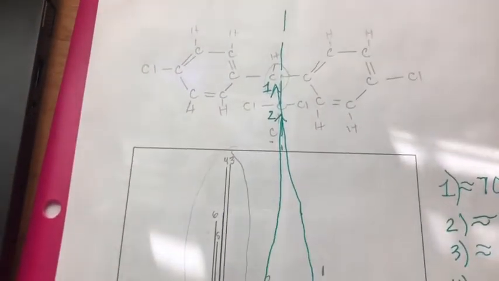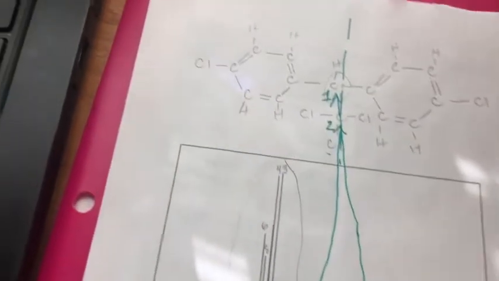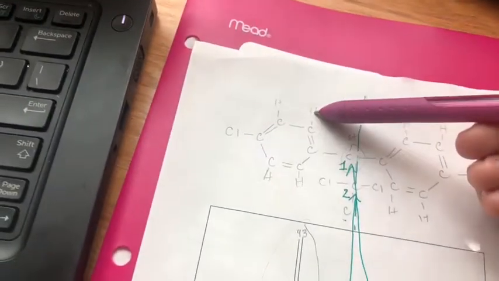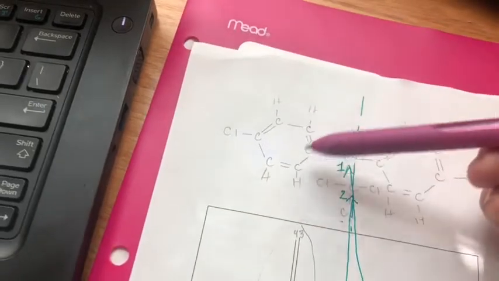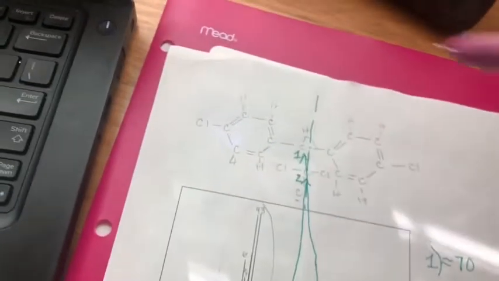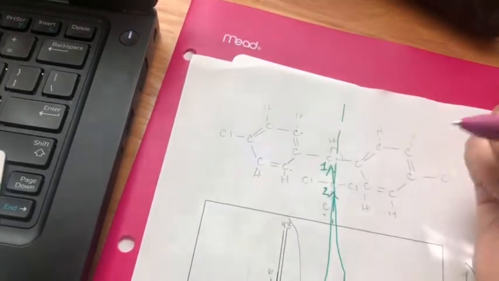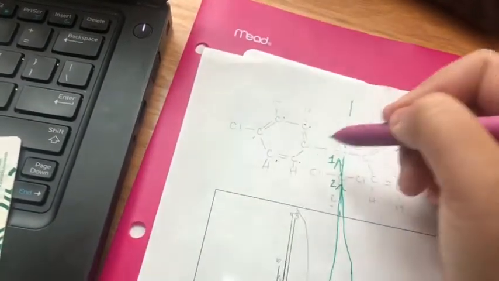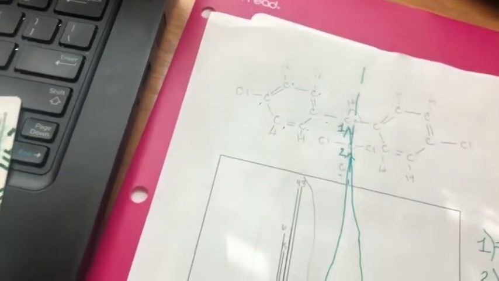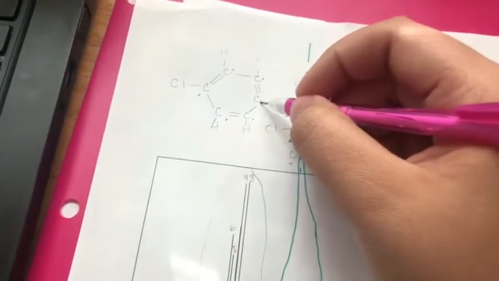Okay. So let's see. And again, just like with the HNMR, this carbon is a little bit different. This carbon and this carbon are going to be the same, and this carbon is going to be the same, and these are two different. So let's see what this carbon's going to be.